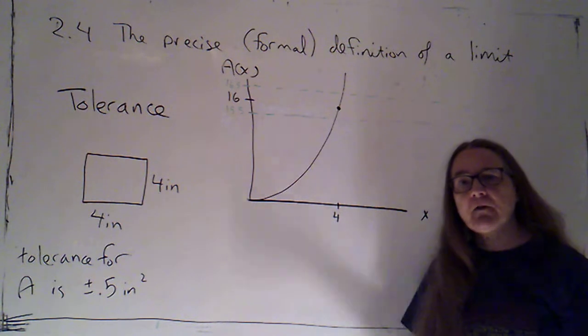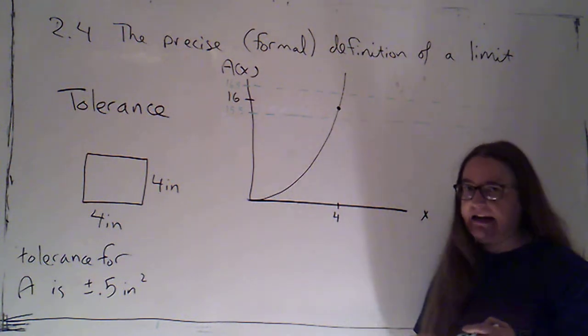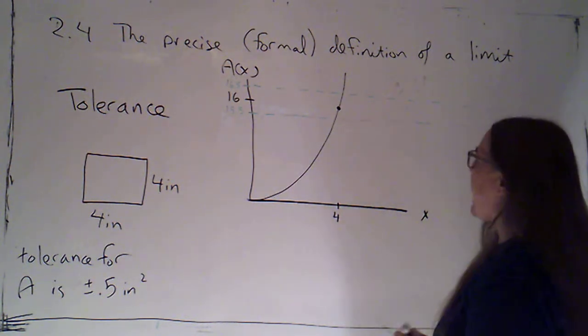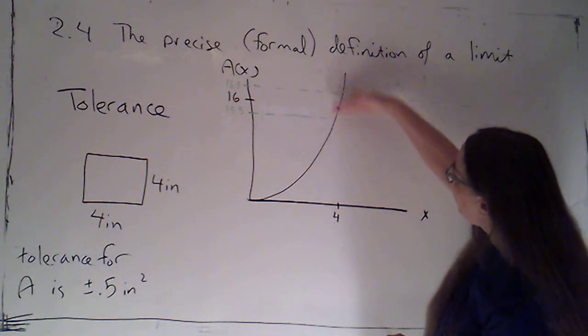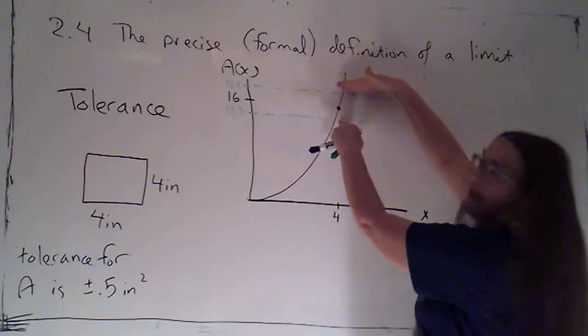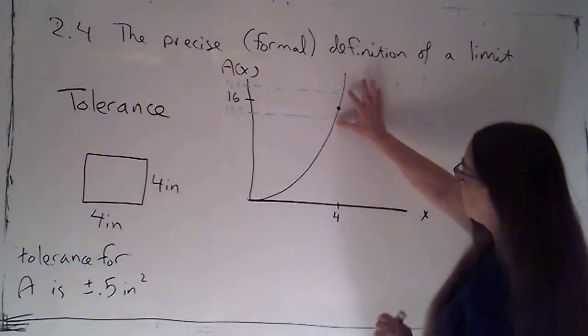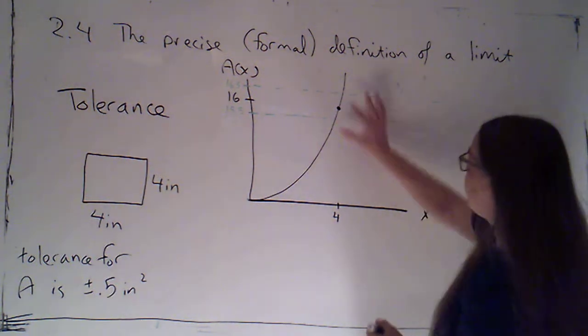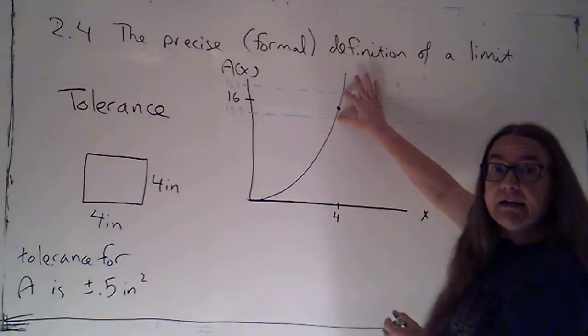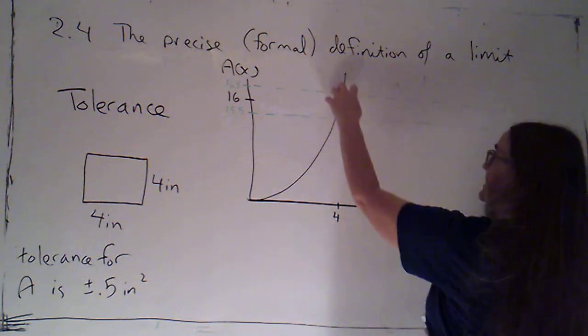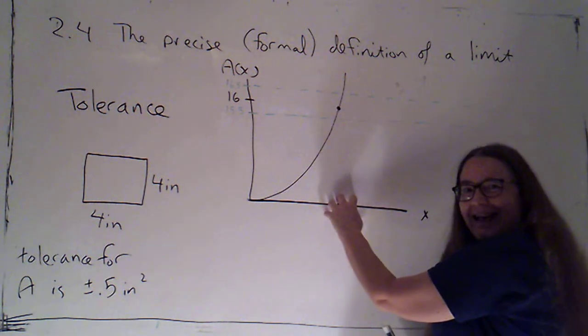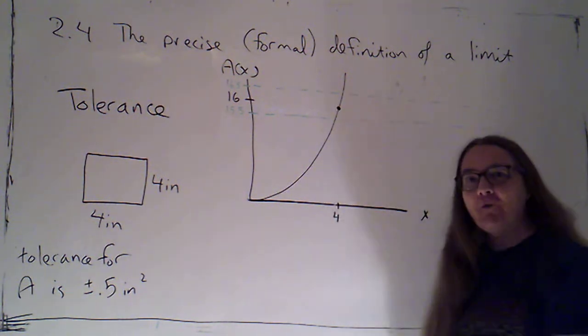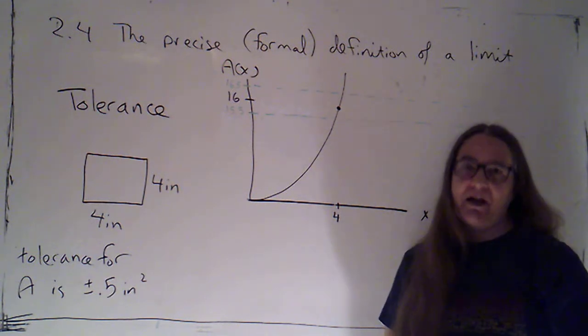I want to make sure that I measure the side lengths in such a way that my area falls in between these two values. And I can sort of see where it will. It's going to be for this section of graph that I have right here. What I want to do is now translate this down to the x-axis to see how close to 4 I need to measure things.